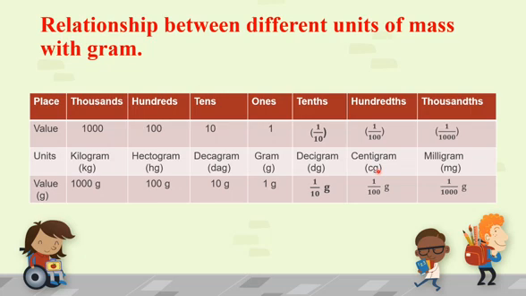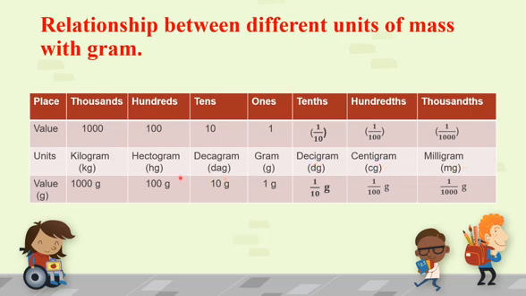Length and mass is done, then capacity. So all the prefixes that you have: kilo, hecto, deca, and this is gram, which is the base unit here, and deci, centi, milli.